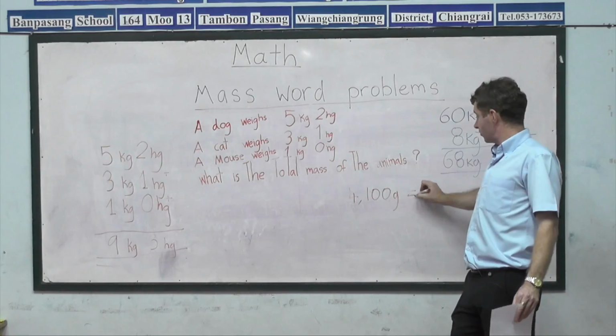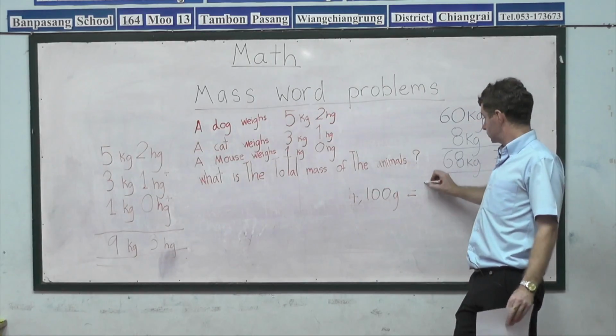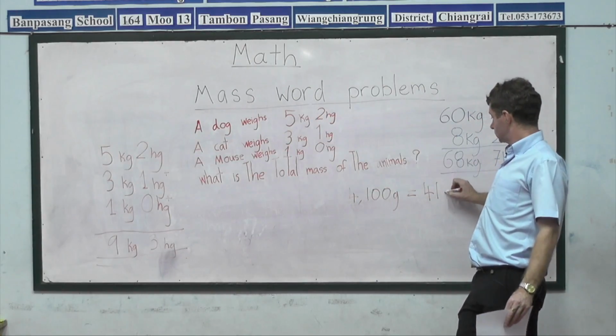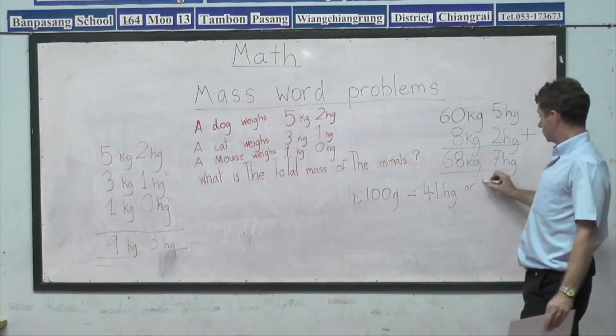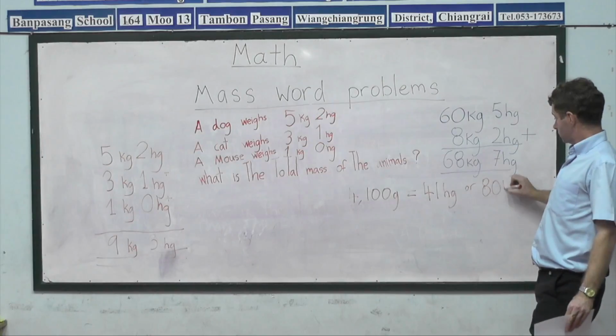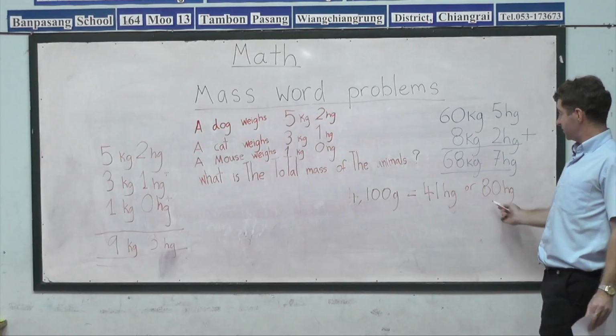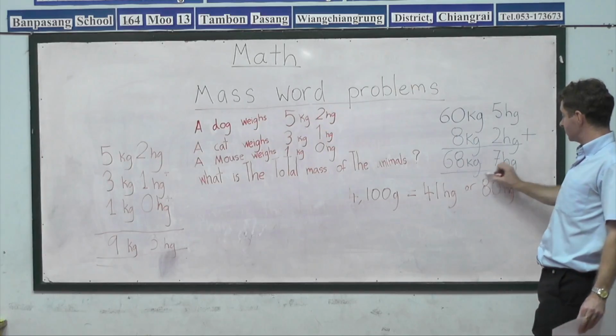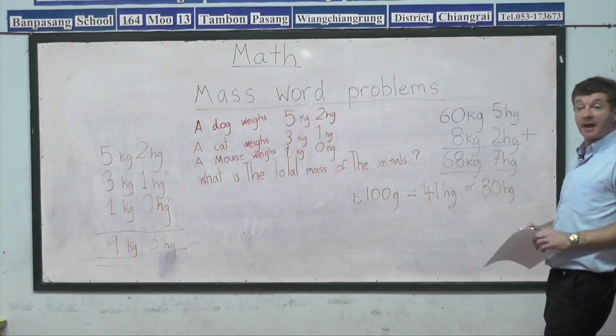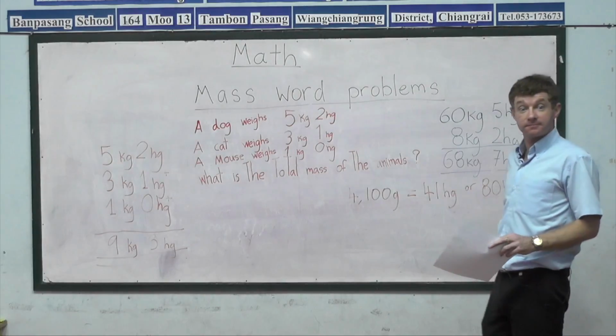How many hectograms does that equal? 41. Which is heavier? Which is the bigger number? 41 or 80? So our answer for number 4, 80 hectograms.